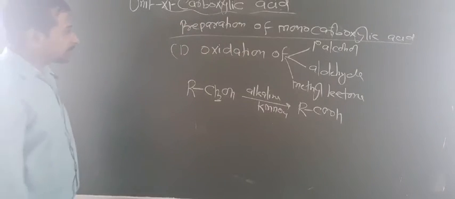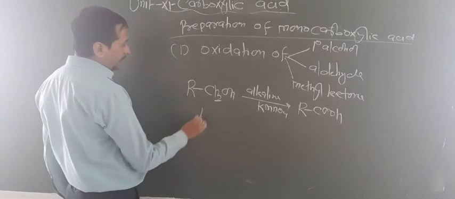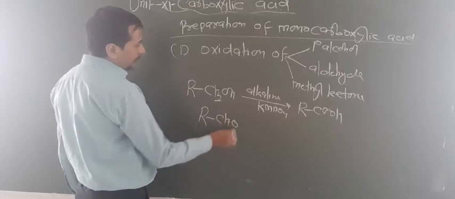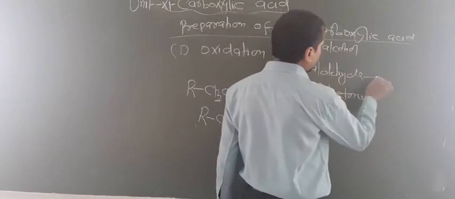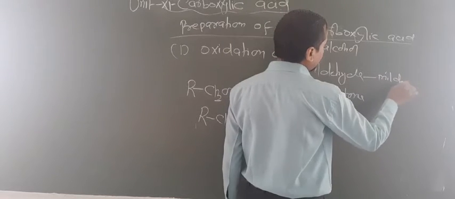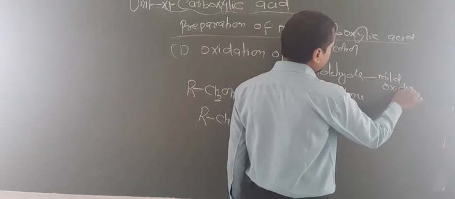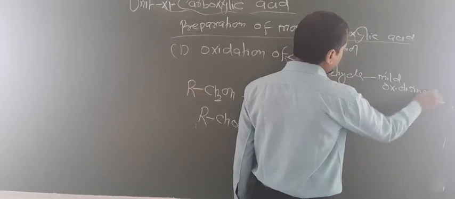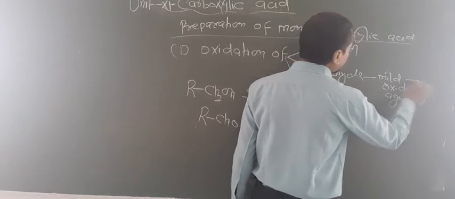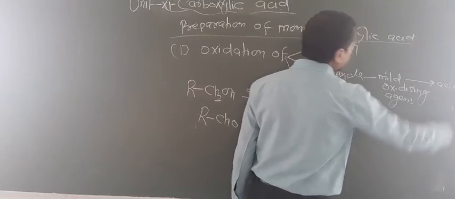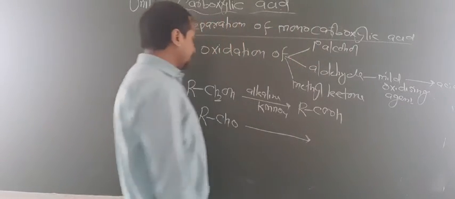Are you getting this point? Second, aldehydes can be converted into acids by using a mild oxidizing agent.